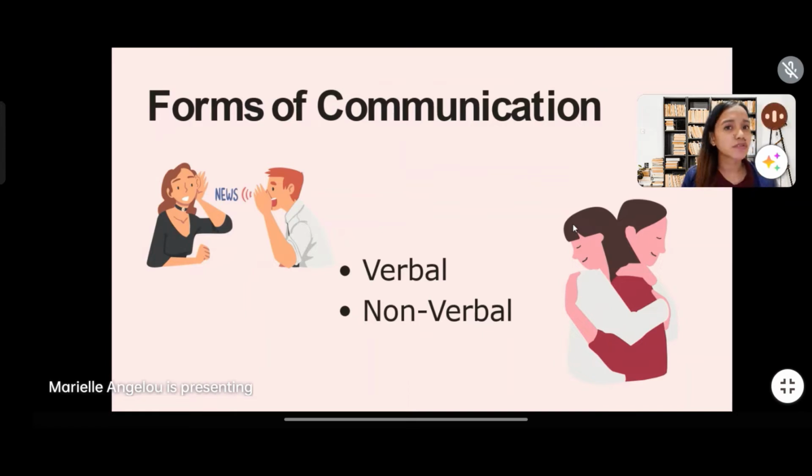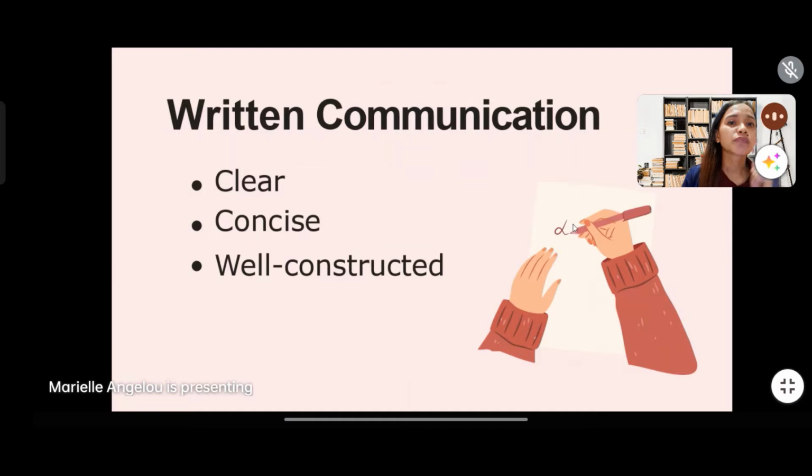This is the type of communication that uses pen and paper, or it refers to any written message that is exchanged between two or more people. That will be the focus of this morning's discussion, written communication. Again, written communication is any written message that is exchanged by one person to another.